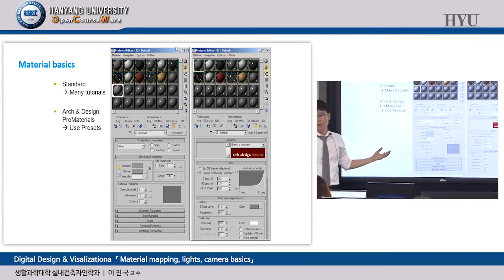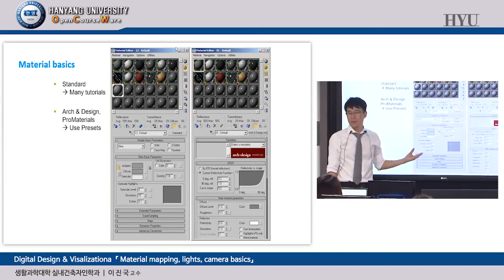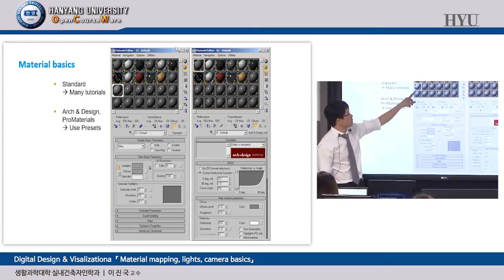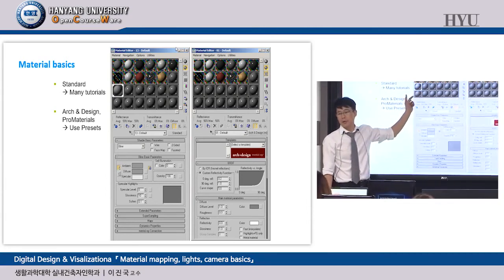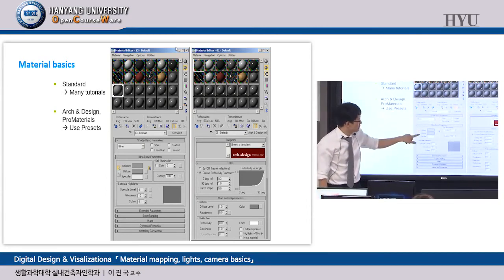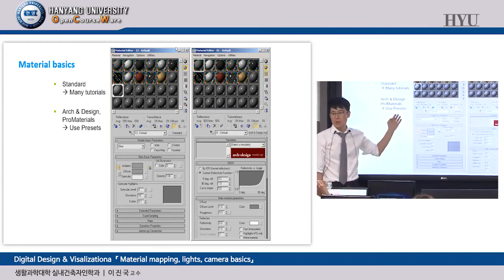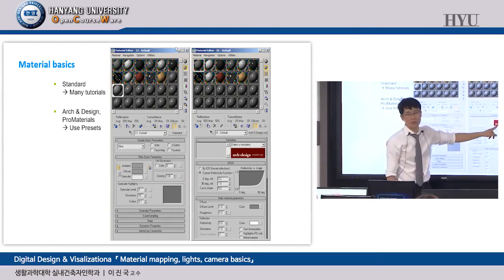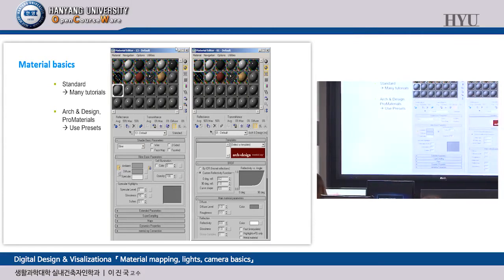Anyway, take a look. I told you before, they are the same, the mechanism is the same, but the user interface is different. What if you want to change the color of this one from gray to yellow? Take a look. There is diffuse, okay? So click the diffuse color and change that to yellow. That's it. What if you want to change it in Arch and Design material? Here it is.